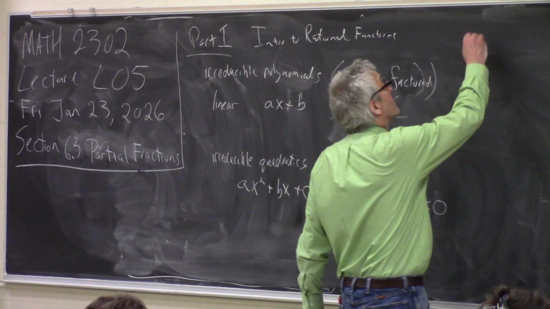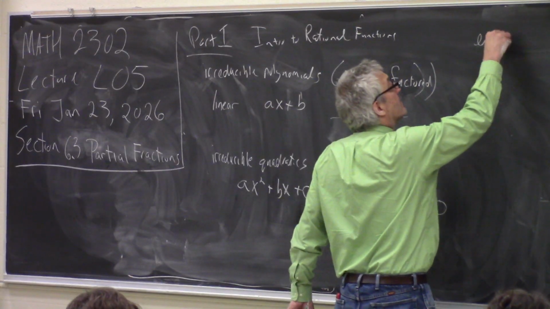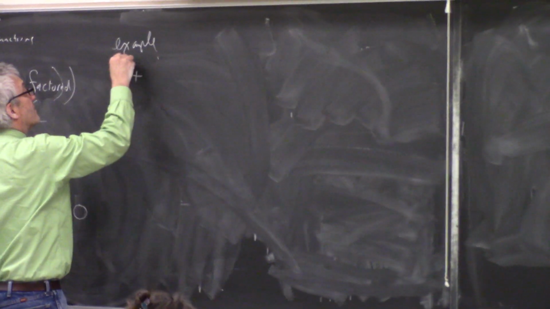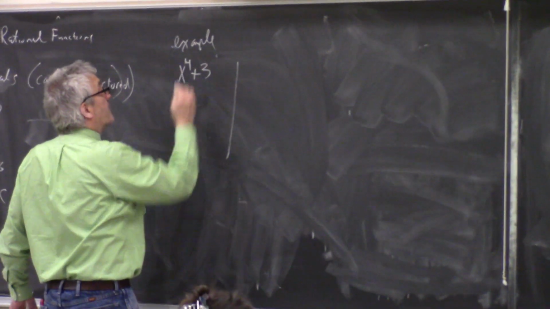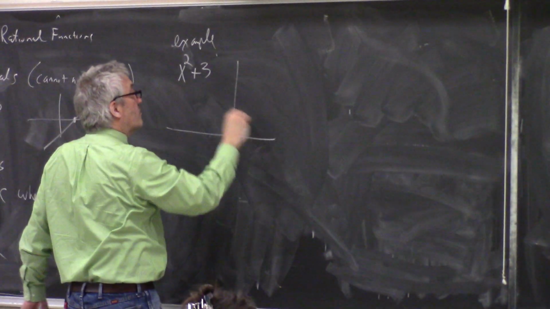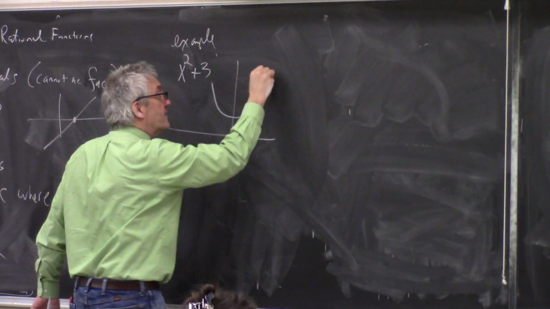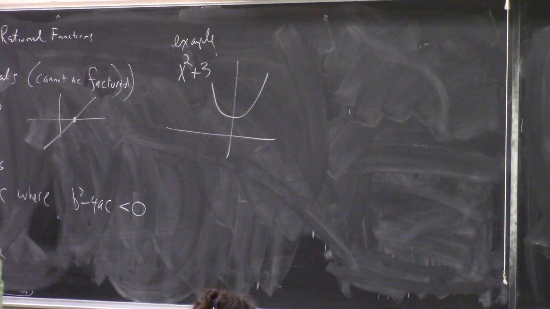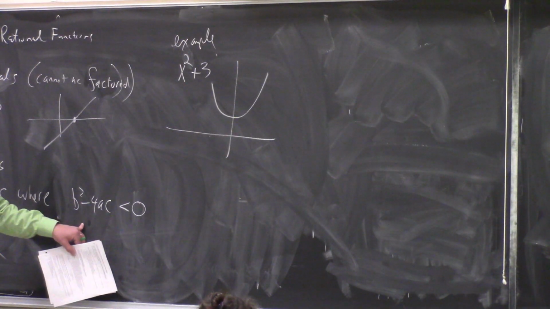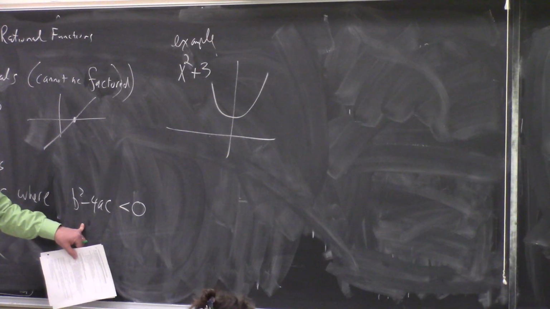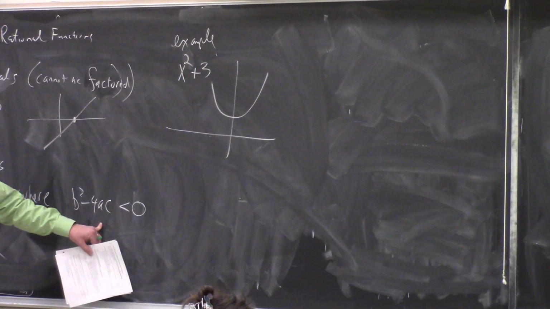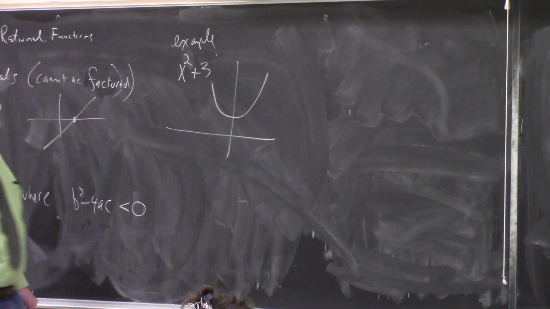So, for example, x squared plus 3. Well, that's a standard parabola that's been moved up 3 units. You know there are not going to be any x values that cause that to be 0. And if you try to use the quadratic formula to find some, you find that b squared minus 4ac is a negative number. So this is irreducible.